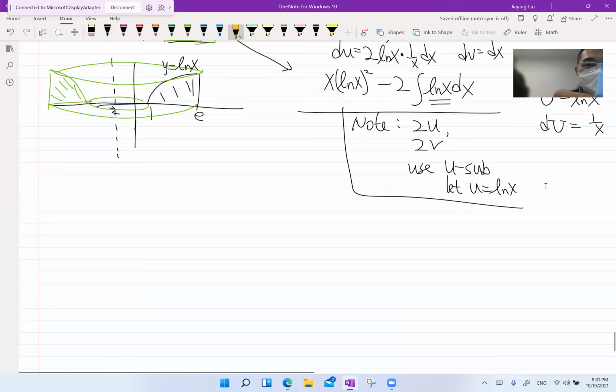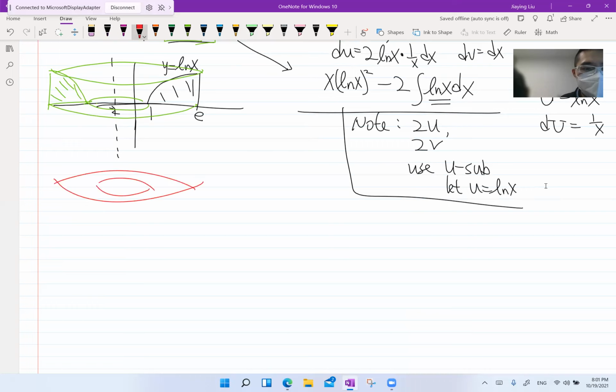If you do that, I'm not going to finish it, but I just want to quickly point out the issue you might run into. If you use the washer method, you're going to have horizontal washers, right? Before we do any work, let's just look at it. It's okay to find the radius, the big one and the small one, but I want you to think about the thickness of the washer.